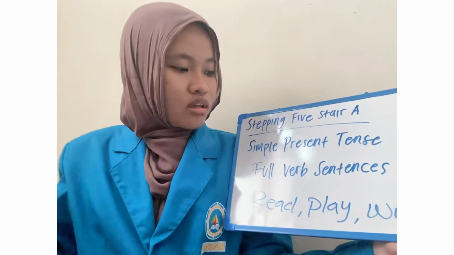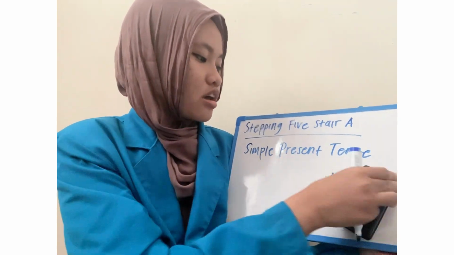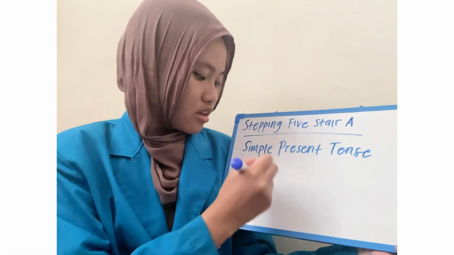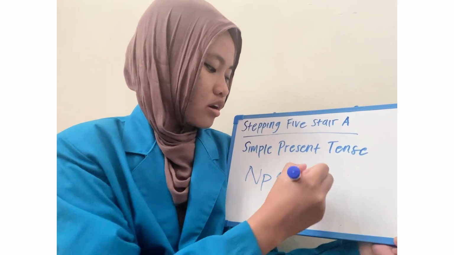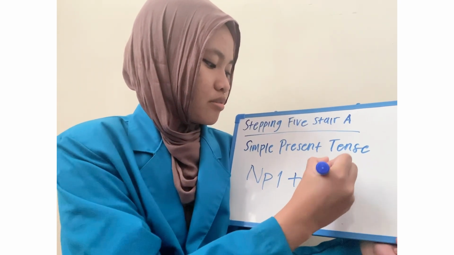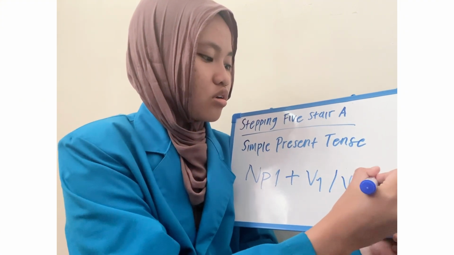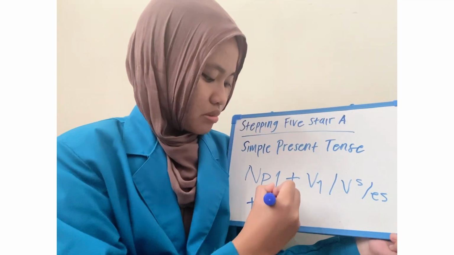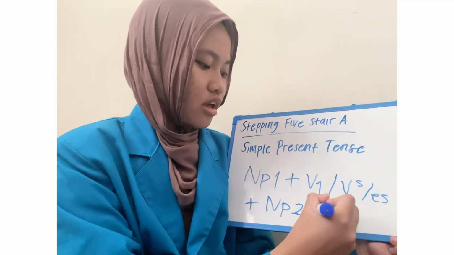And the pattern of simple present tense in Stepping 5 Stairs A is NP1 or noun phrase 1, plus verb 1 or verb S or ES, plus NP2 or noun phrase 2, and adverb.